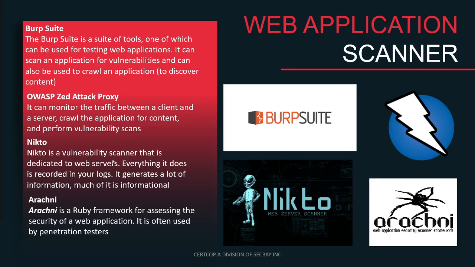So what about Nikto? Nikto is a vulnerability scanner designed for web servers. It does things in logs. A lot of it's informational, but Nikto is a very useful tool in its own right.